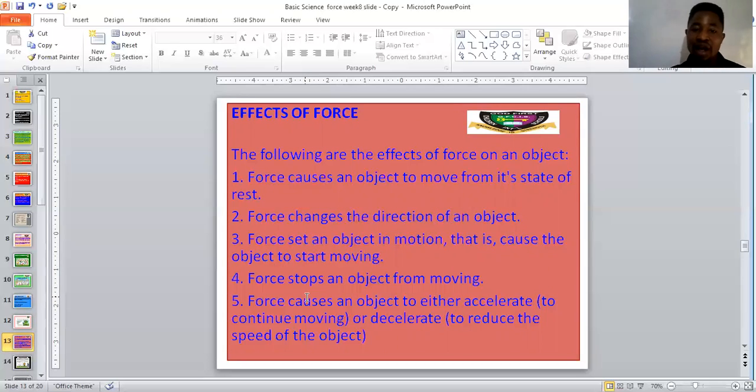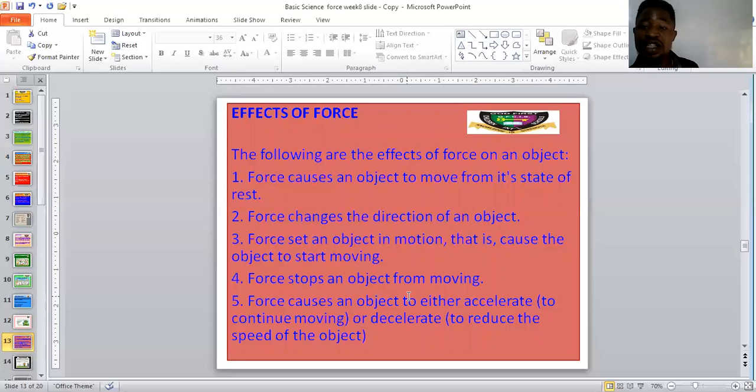Number one, force causes an object to move from a state of rest. Let me further break that down. If you place a ball at a particular position, the ball remains there. It doesn't move until a human being, someone, goes to kick the ball.